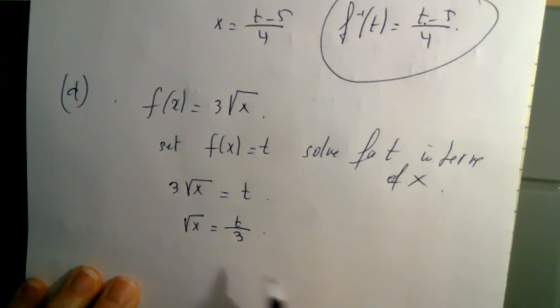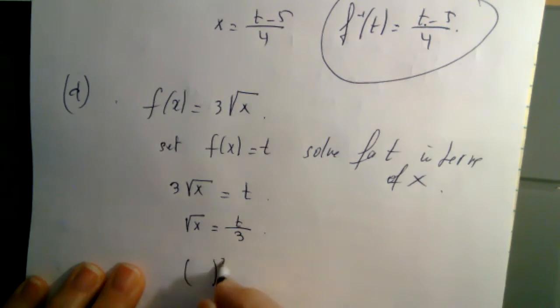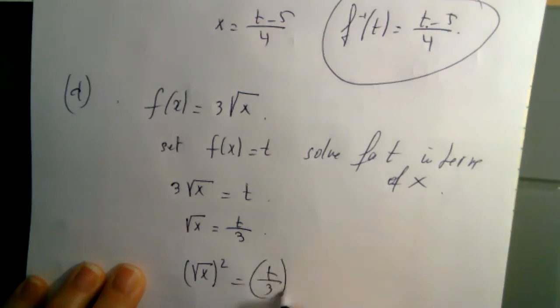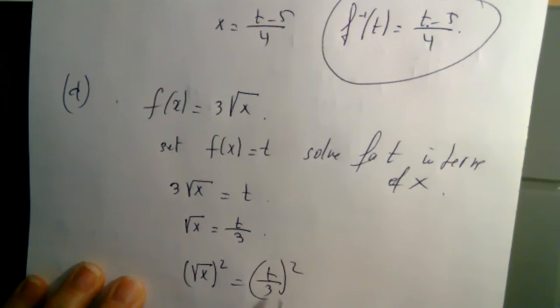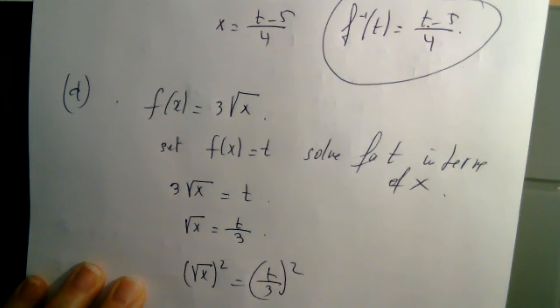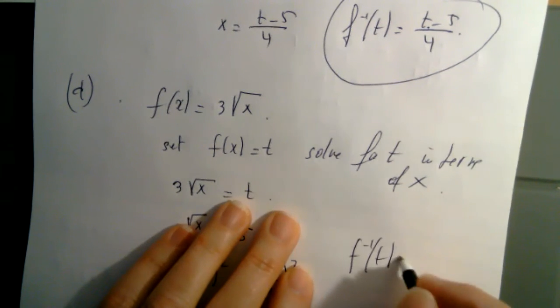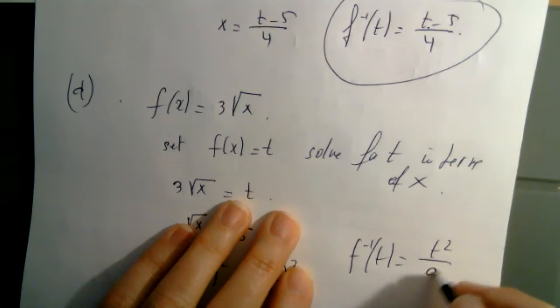Square both sides. x equals t over 3 squared, which means t over 3 times t over 3 gives me t squared over 9. So my inverse function is t squared over 9.